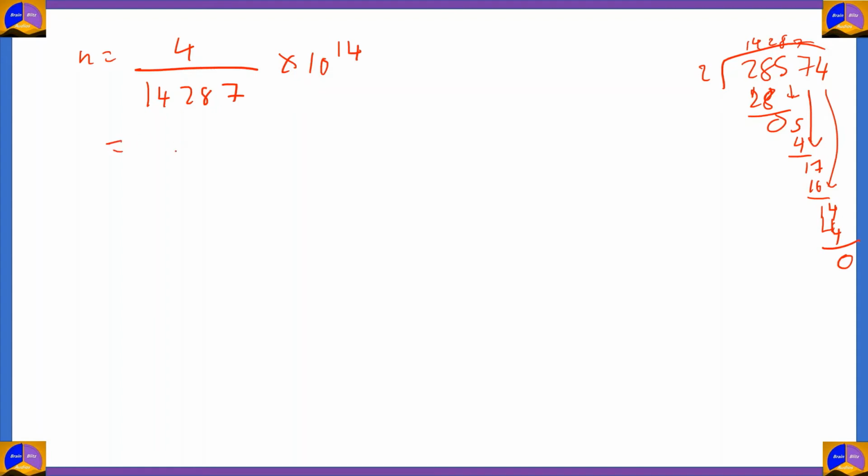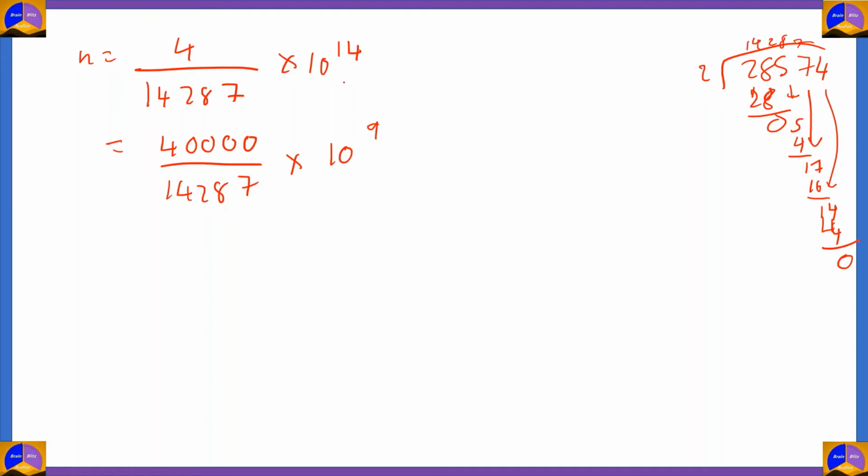In order to make our calculation simpler, let's make 4 as 40,000. So it'll be 40,000 divided by 14287 into 10 raised to 14 minus 5, which will be equal to 9.